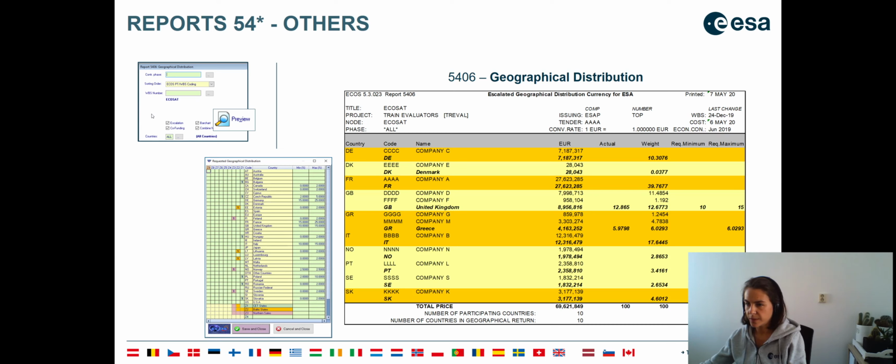So here, you remember we entered some geographical distribution at the beginning, and we will be able to see in reality what happened with the elaboration of our file. So we have the companies listed, we'll have our share per country in euros and in national currency, and we'll be able to see if we are or not matching the geo return requirements.